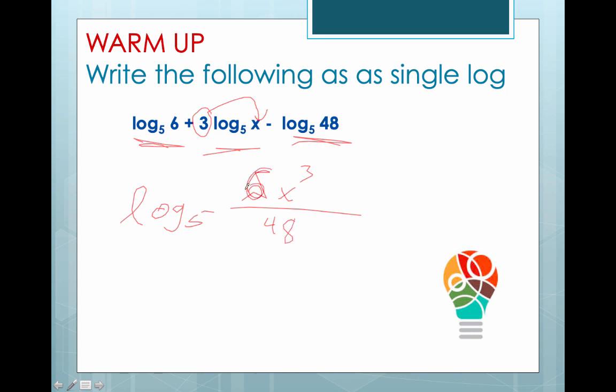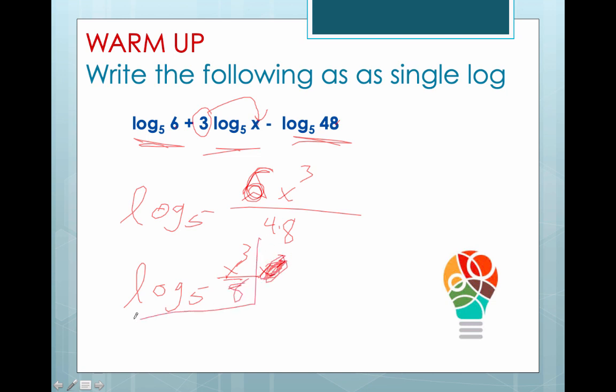So that's a 6. This is the 6. This is the x cubed. That's the 48. Addition means multiplication. Subtraction means division. And finally, I could simplify x cubed, well, it's not equal to, x cubed over 8.